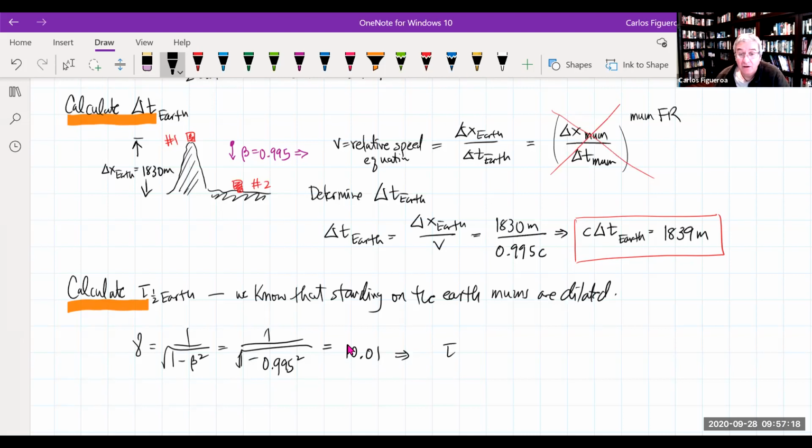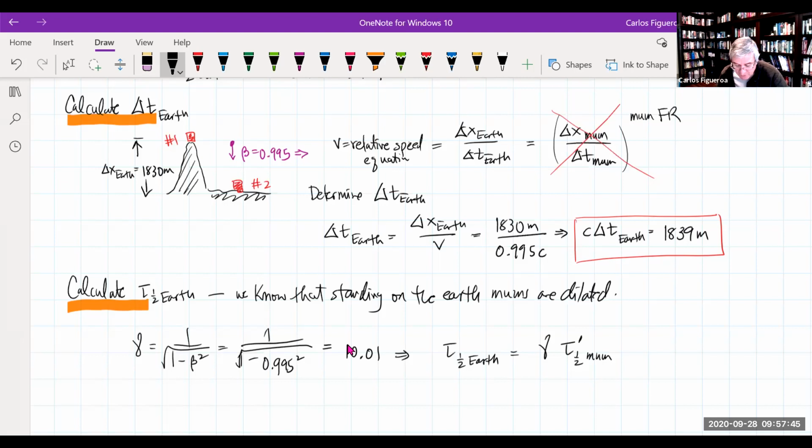If I look at the time dilated muon relative to Earth, then I'm getting in the muon's frame the proper time of the muon, and to an Earth observer it's going to be dilated, so I got to put my gamma right here. In essence, this is the one that's the prime, this is the one that's the unprime.